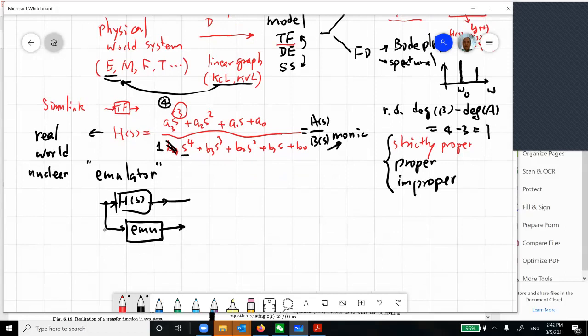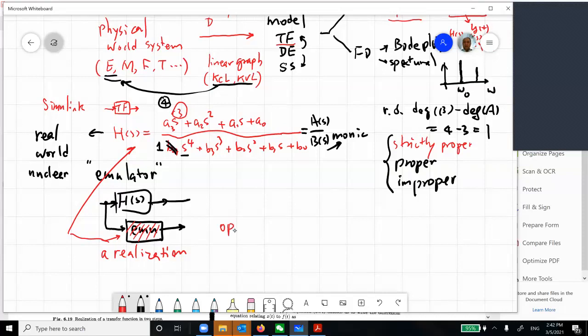We call this a realization of the original G(S). So how do we make this emulator? Of course, there are infinitely many possibilities. However, remember we have learned op-amps.